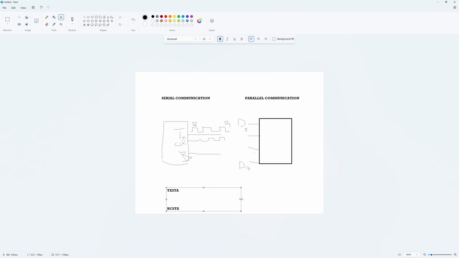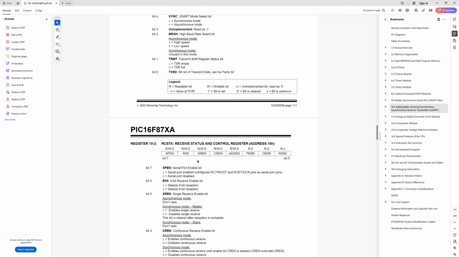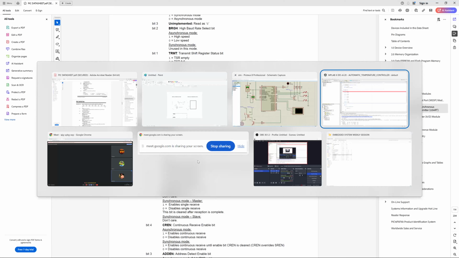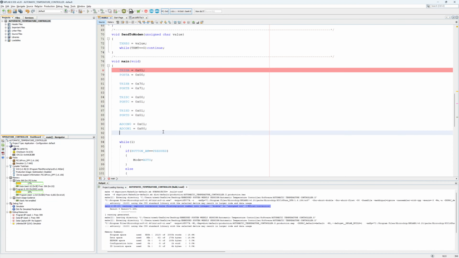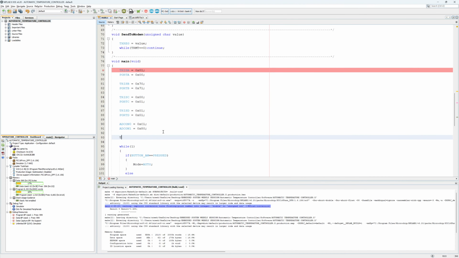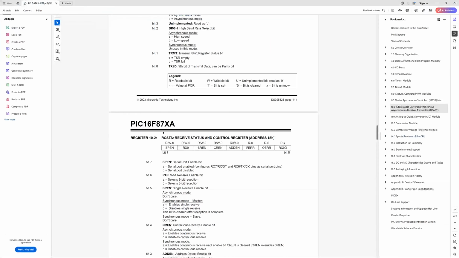So we will begin with configuring TXSTA. I am typing TXSTA. Here we need to find out the hexadecimal value.